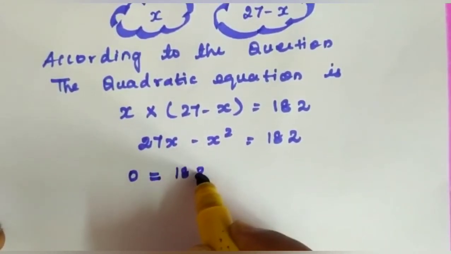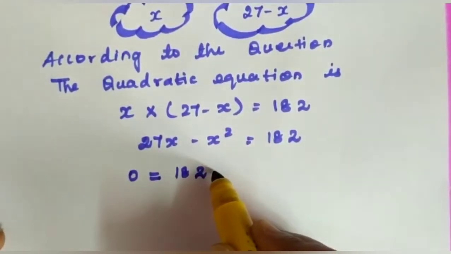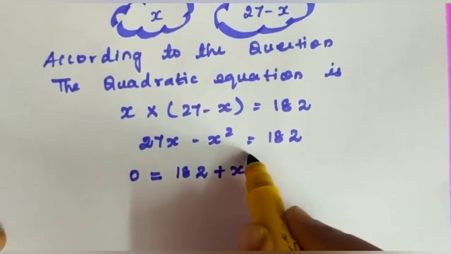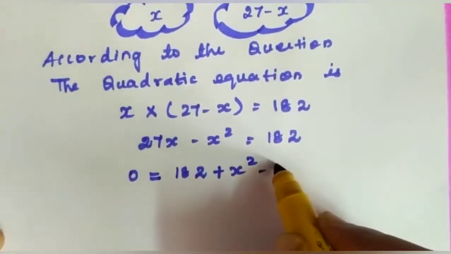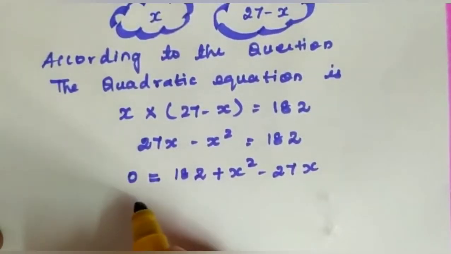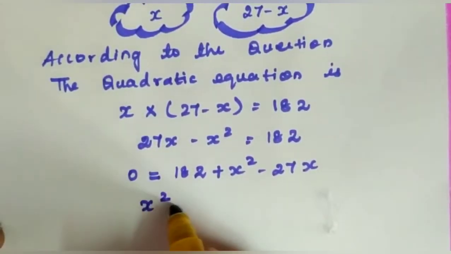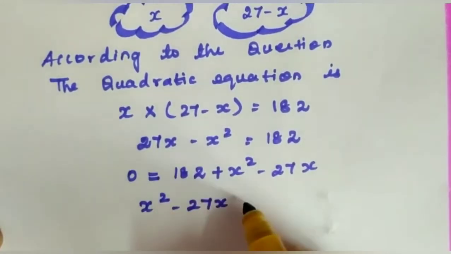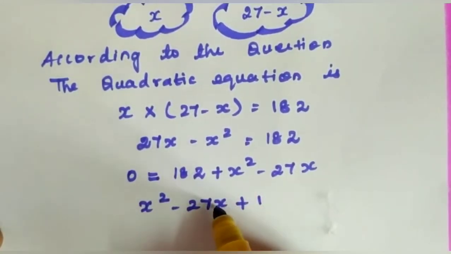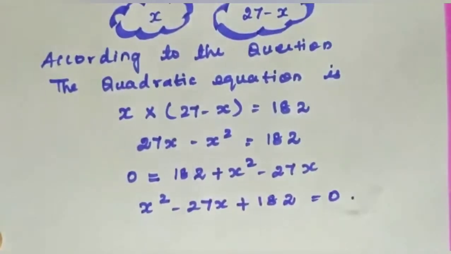The constant is 182 and while we are shifting we will have x square minus 27x. Now you can interchange the left hand side and the right hand side. The first term is x square, next the x variable, and then the constant, is equal to 0.